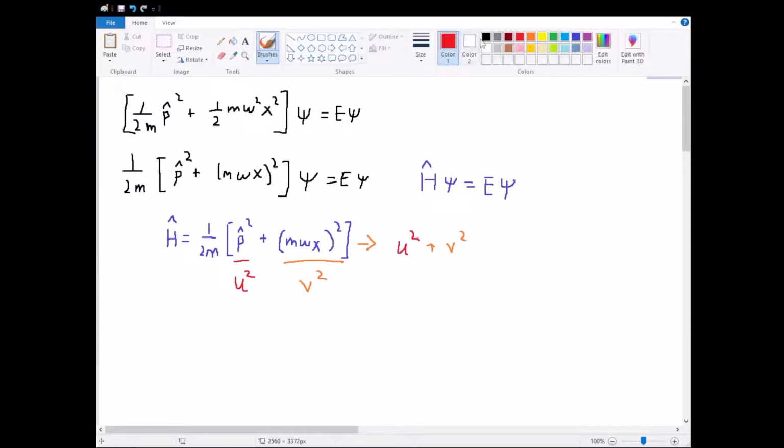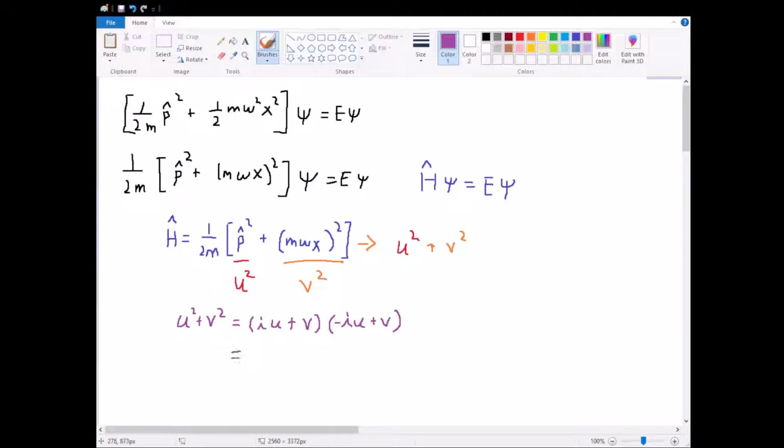So one of the things that we know from complex math is that we can write the following form. u squared plus v squared is in fact factorable and can be written as imaginary i times u plus v, multiplied by negative i u plus v. And we can check this.